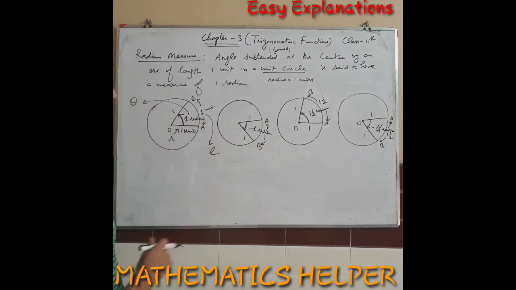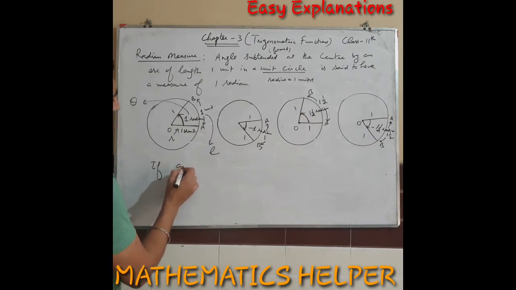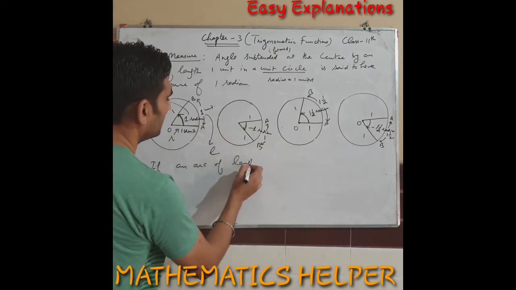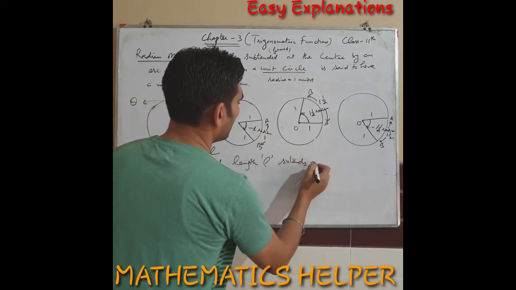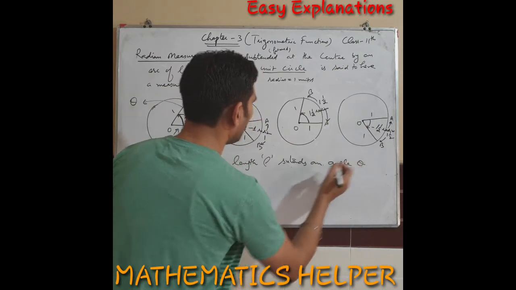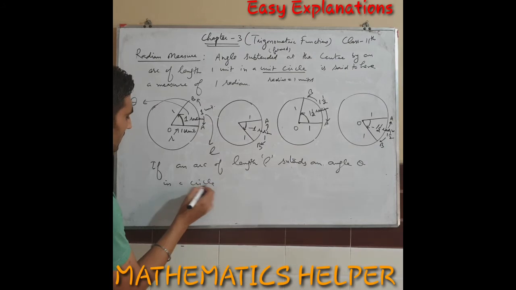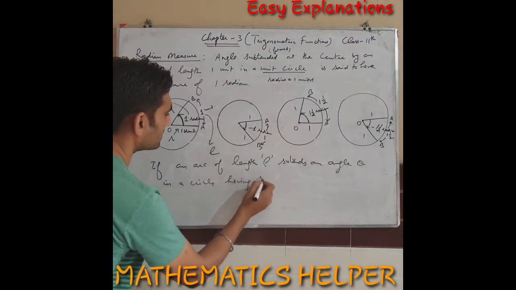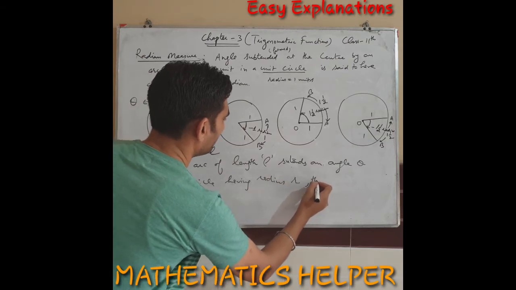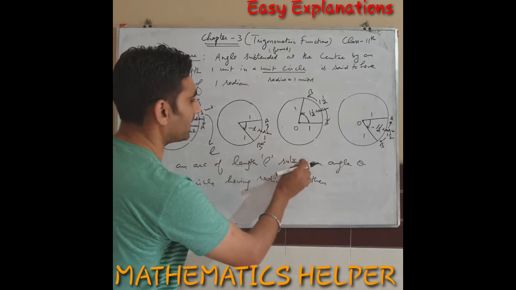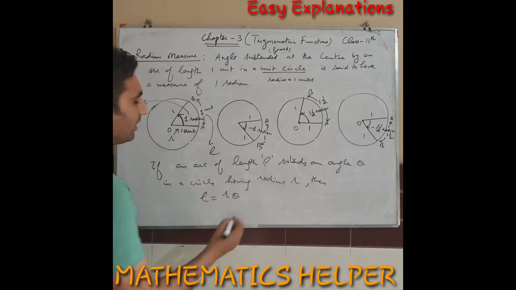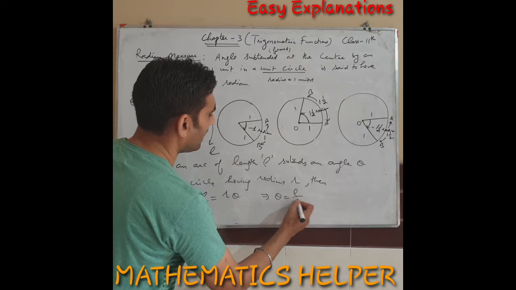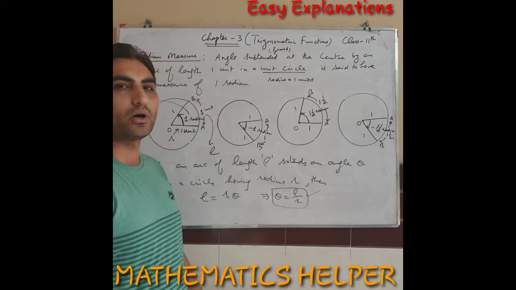So there is a formula between L, R and theta which you have to remember: if an arc of length L subtends an angle theta in a circle having radius R, then we can say L is equal to R theta, or you can write theta equal to L over R. So you have to remember this formula, very useful, very helpful for calculations.